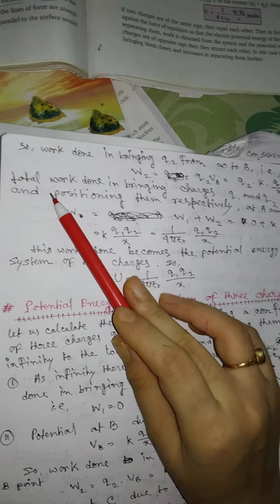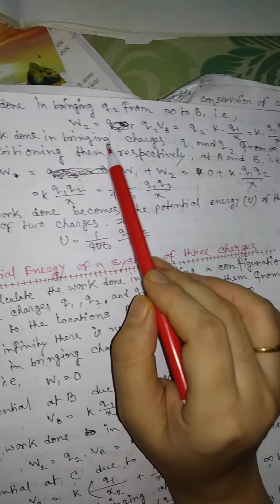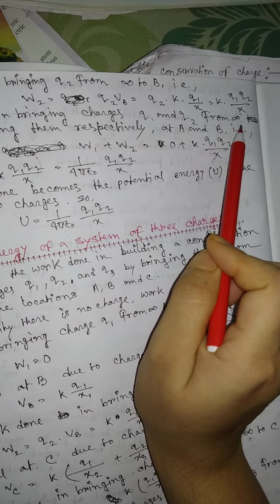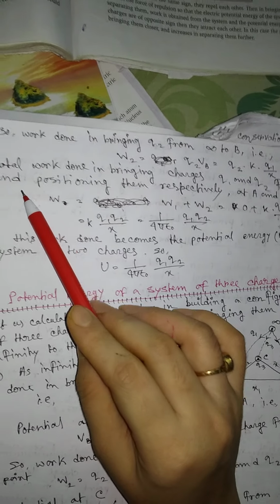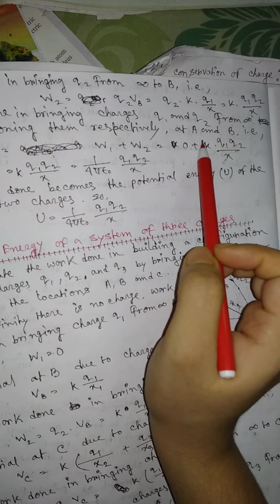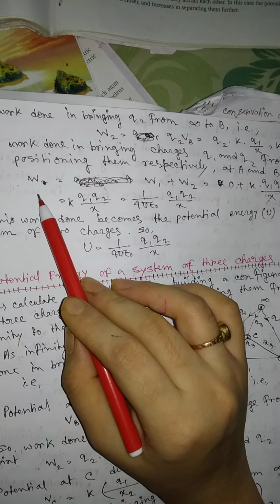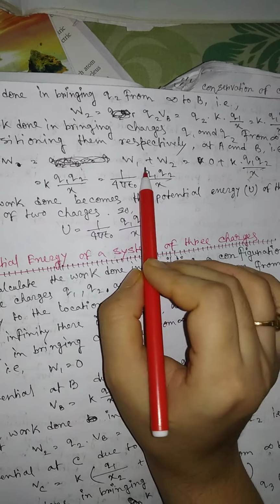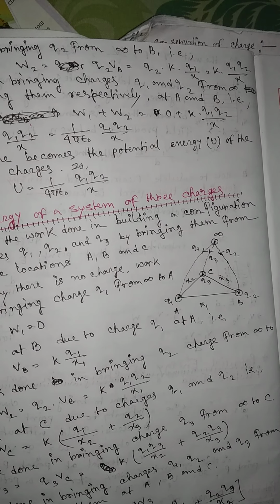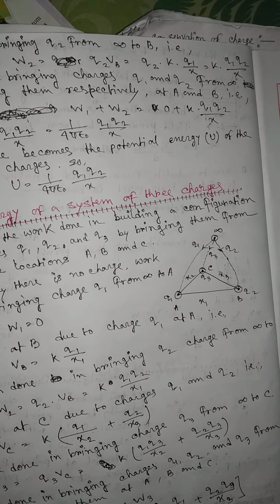Now the total work done in bringing charges Q1 and Q2 from infinity and positioning them at points A and B respectively is total work equals W1 plus W2. Now W1 equals 0 and W2 equals K into Q1 Q2 by x.